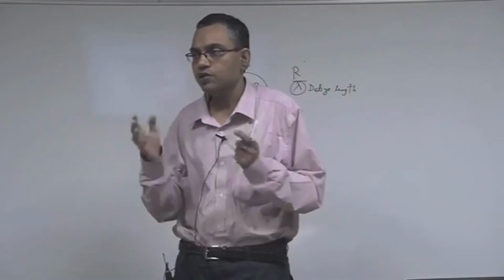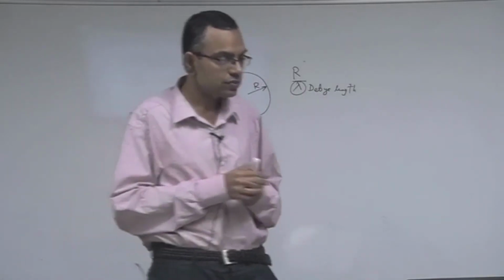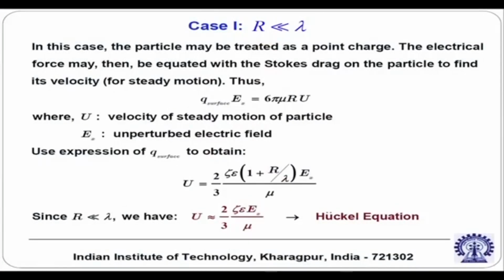So, it depends on which reference frame you are looking from. This equation is known as the Huckel equation, and we have discussed up to this in the previous lecture.